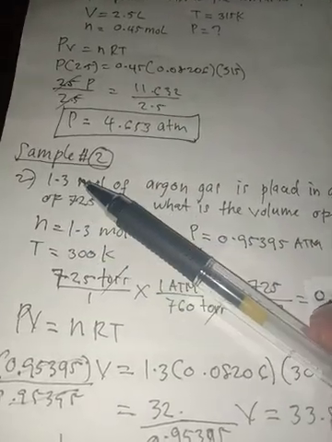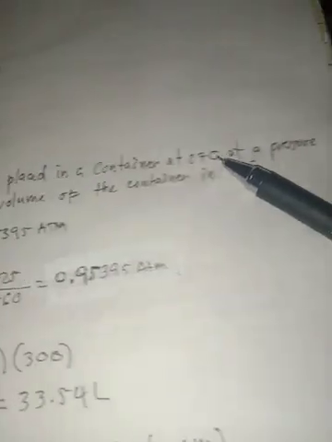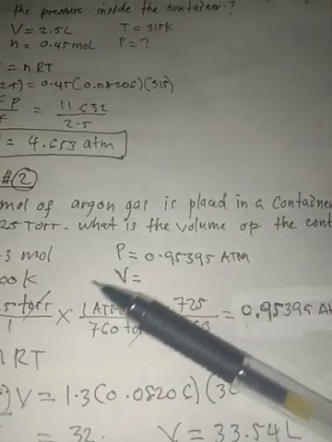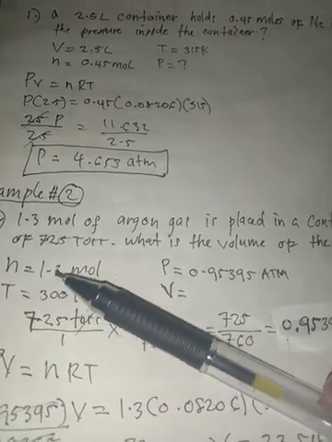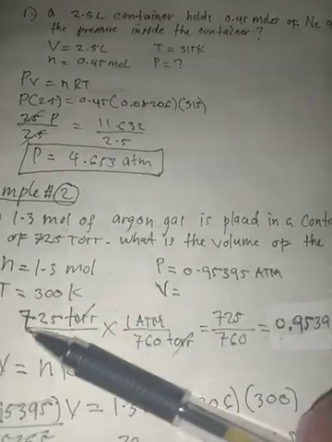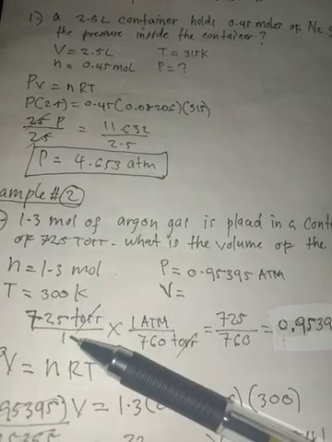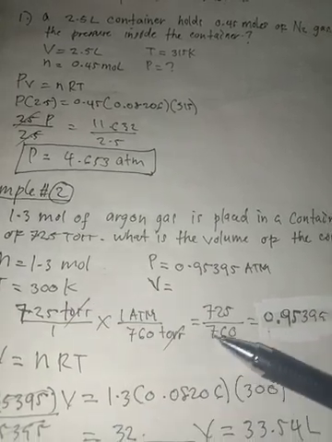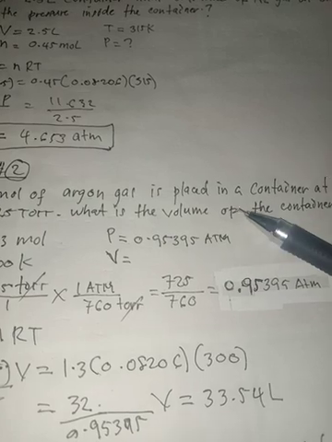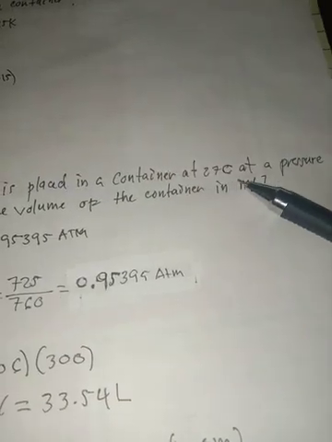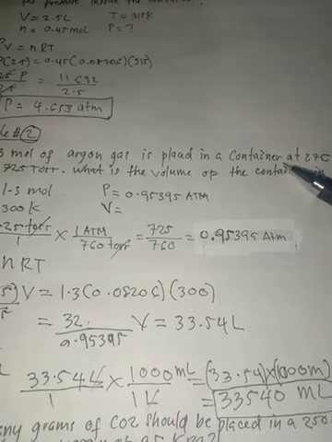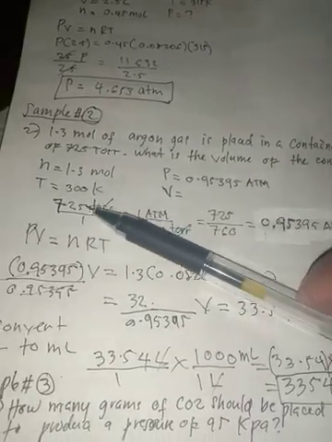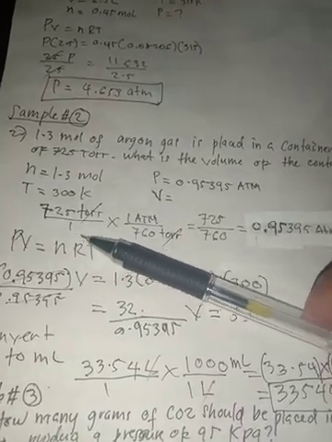First we are going to write down here the 300 Kelvin is the temperature. To get the value in Kelvin, first we are going to convert.